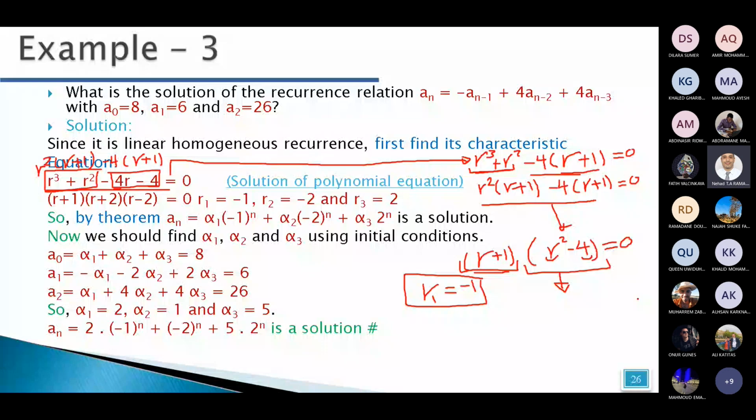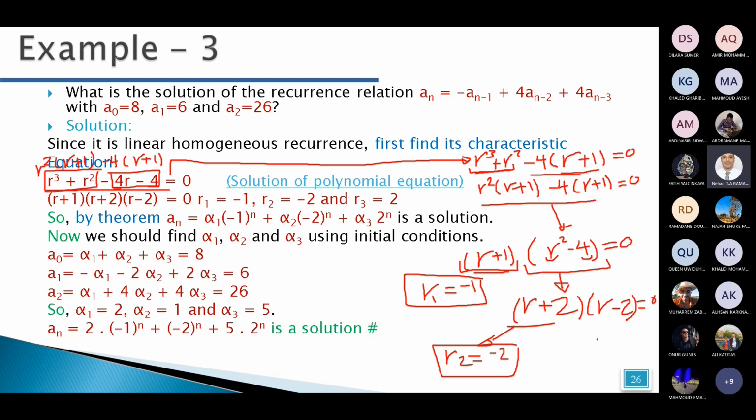So its solution is simply R plus 2, the root of the first one, multiplied by R minus 2, the root of the second one. It's equal to 0. So from this, we have R2 equal to minus 2.